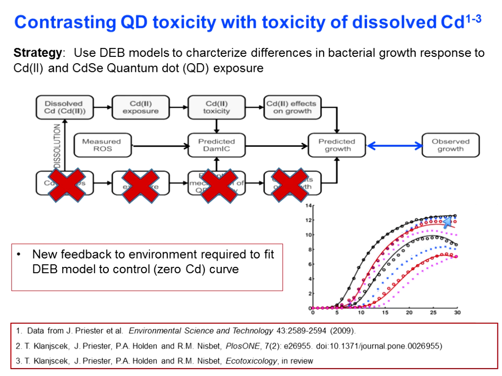And to our considerable frustration, we found that we could not fit the control to the simplest DEB model, where we pulled out the box. And there were a couple of additional variables that were needed. One was no surprise.